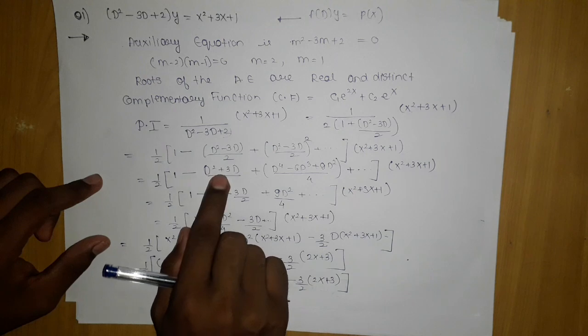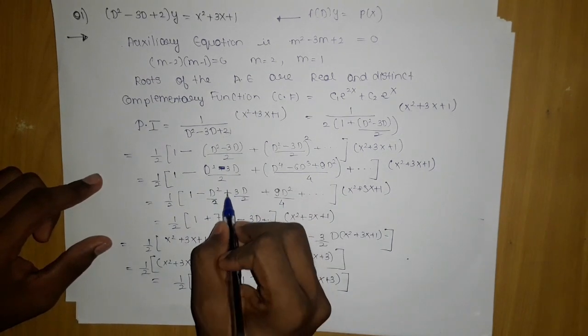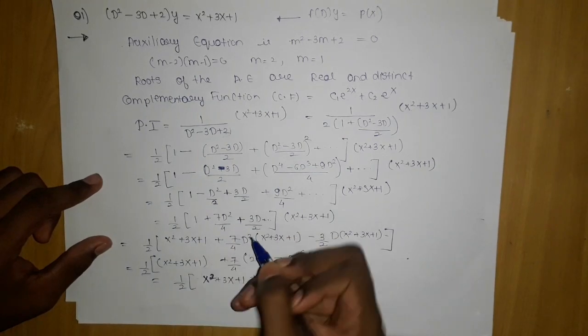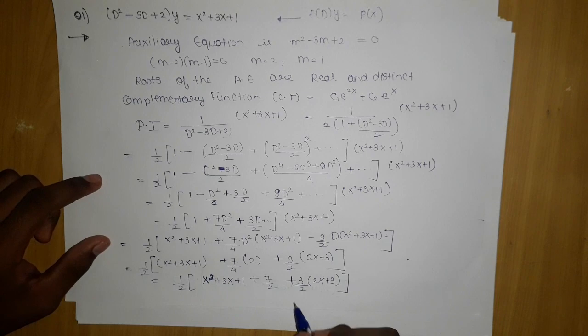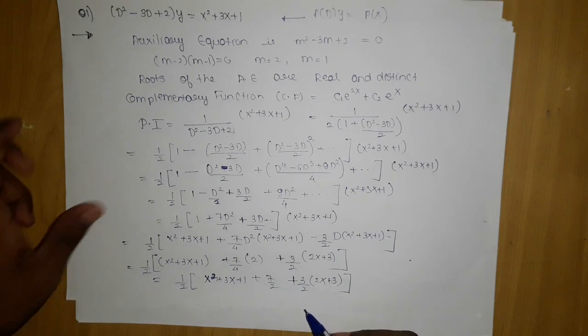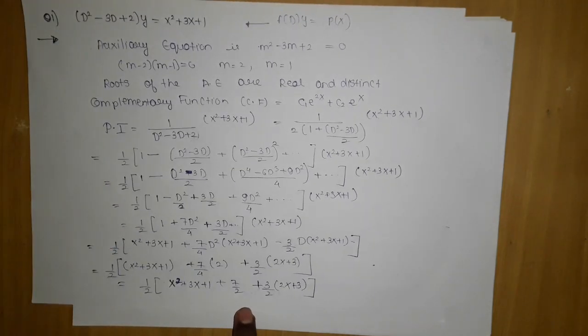This one was minus, so okay, we made a mistake here, it should be minus, then it will become plus, plus, plus, plus. Now if it is plus, this 2 will get cancelled out, and we are going to get something like x square plus 6x, 1 plus 7 by 2.